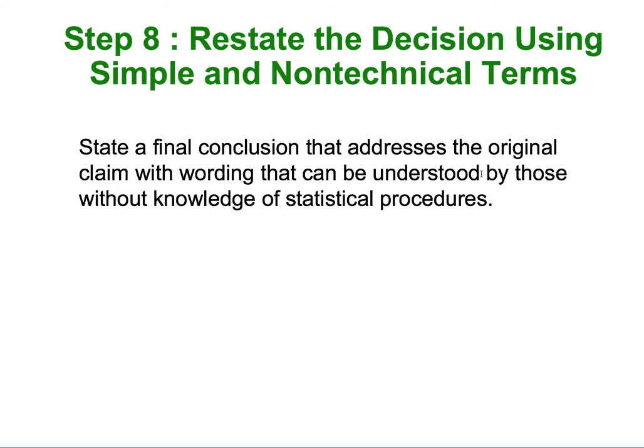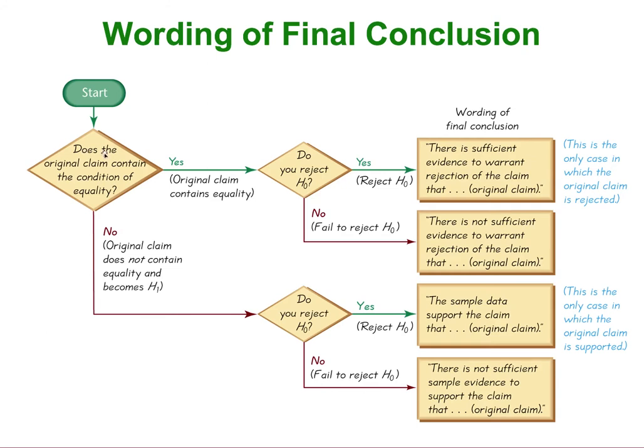And now we need to decide how to restate the decision in a way that the layman could read and understand. To do that, we follow our flowchart here. And at the start, the first question says, does the original claim contain the condition of equality?